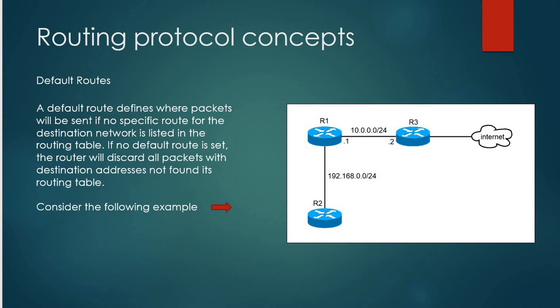If there is information in the routing table, then it's forwarded to the next adjacent neighbor router. If there is no information in the routing table, then the routers will discard all the packets.